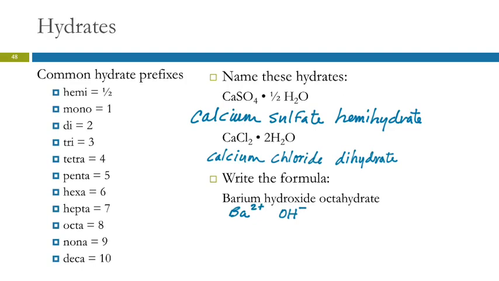So you can do the crisscross or whatever method you like. It's going to be Ba(OH)2. Octahydrate means what? 8. So I just put a dot, 8H2O. Barium hydroxide octahydrate. Any questions?